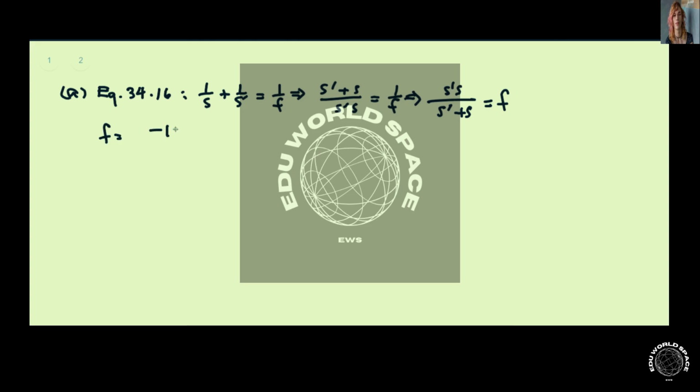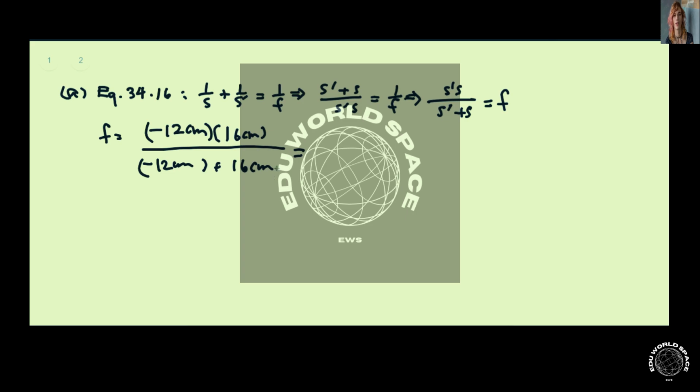We will use equation 34.16, which is 1 over S plus 1 over S prime is equal to 1 over F. If we do a bit of rearranging, we have (S prime plus S) over (S prime times S) is equal to 1 over F. And this means that S prime times S over (S prime plus S) is equal to F. We know S and S prime, so we can easily find F. S prime is negative 12 centimeters, S is 16 centimeters, again divided by negative 12 centimeters plus 16 centimeters.